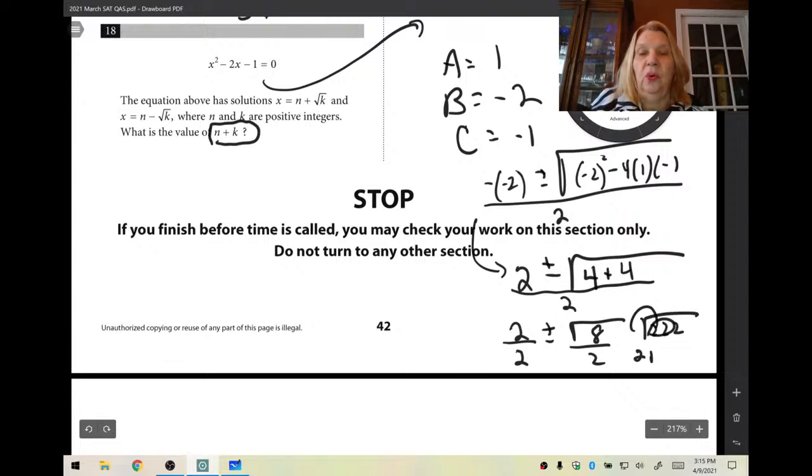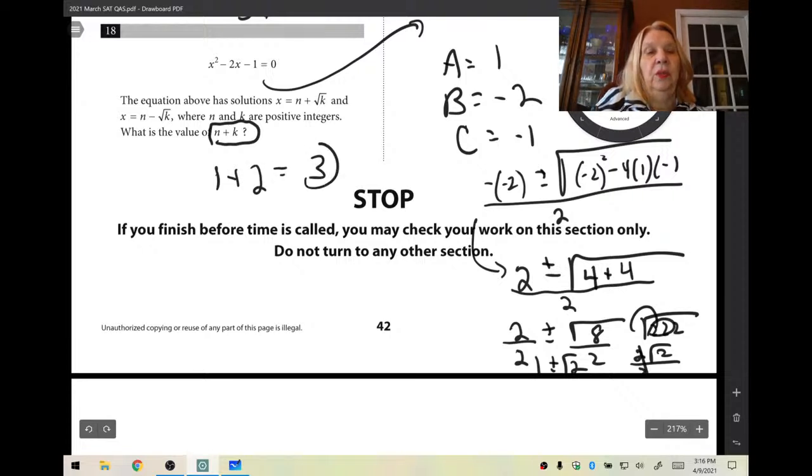That's going to be 2 square root of 2 over 2. So that'll just be 1 plus or minus the square root of 2. So basically n is 1, k is 2, and our gridded answer will be 3 here.